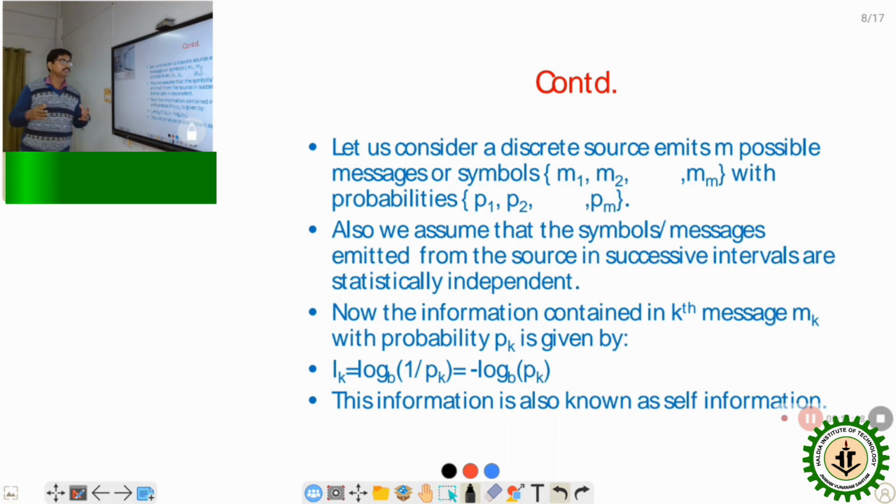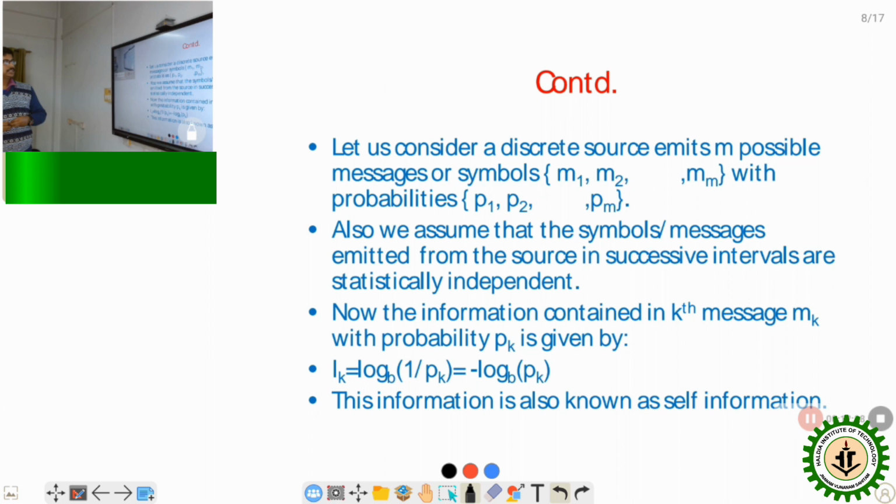Suppose we have a discrete source, which provides a lot of information. A discrete memoryless source is one whose present output depends only on the present, not on the previous values.